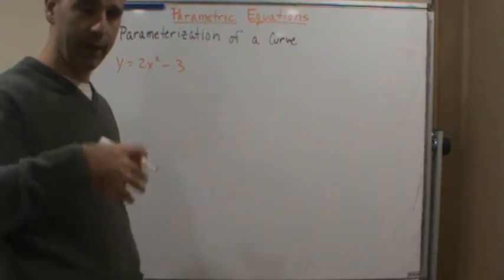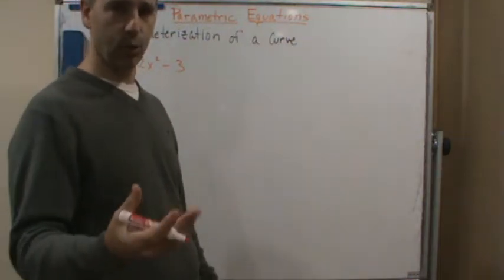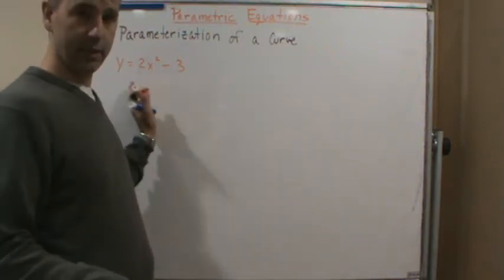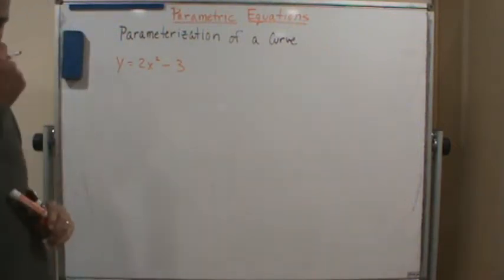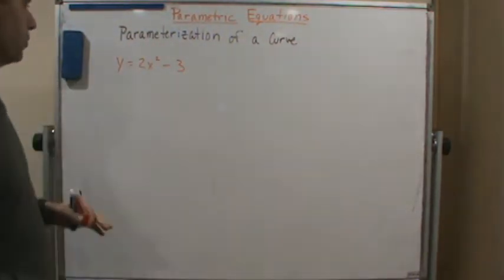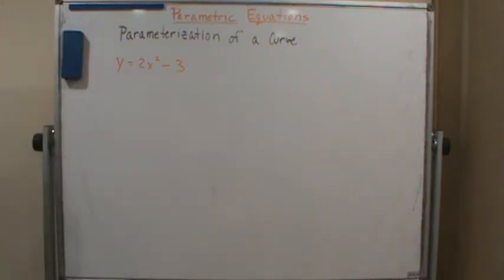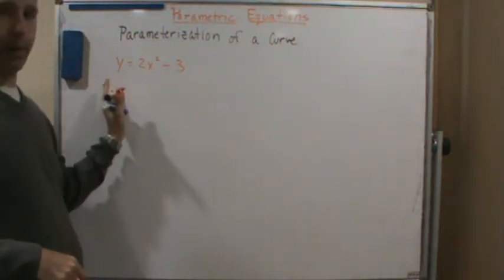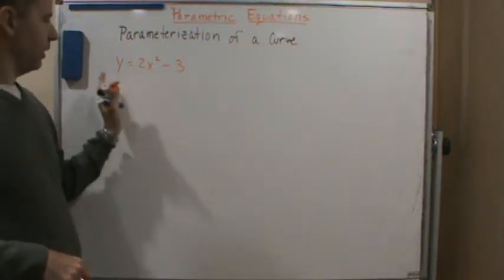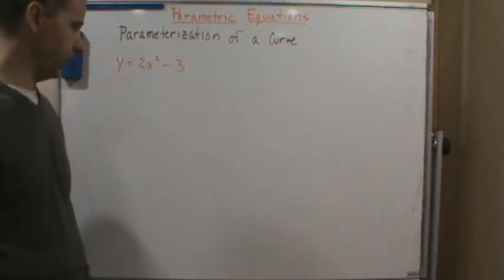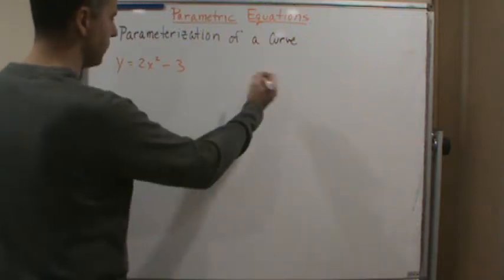If you were asked on a test or a quiz to write two parametric equations that describe this equation, or what we call parameterization of a curve, which just means writing it in terms of two parametric equations, I could do this.